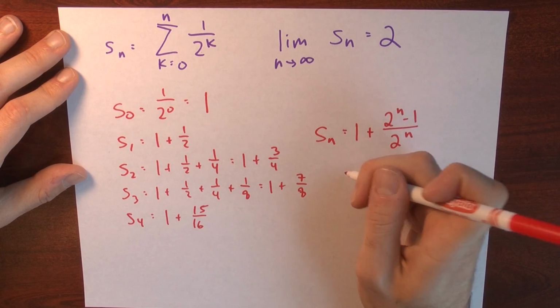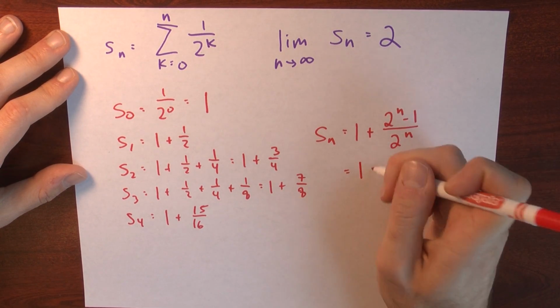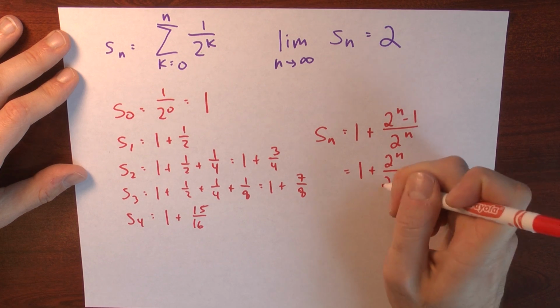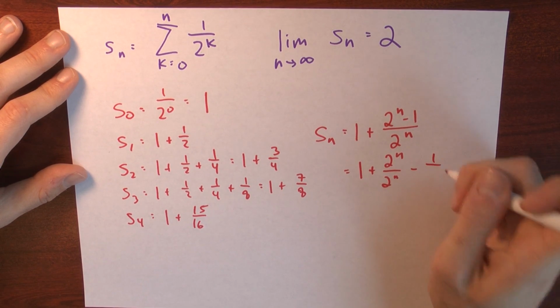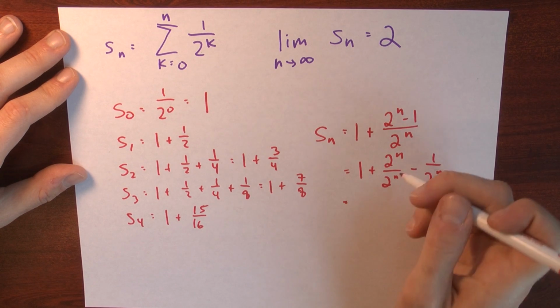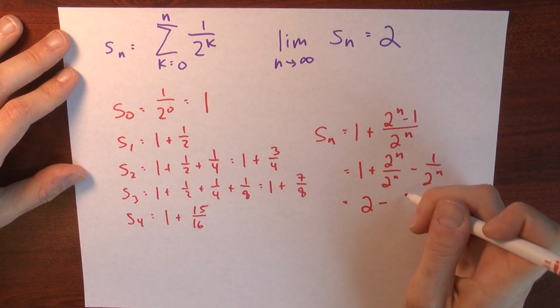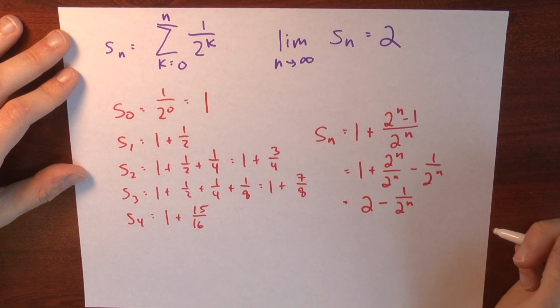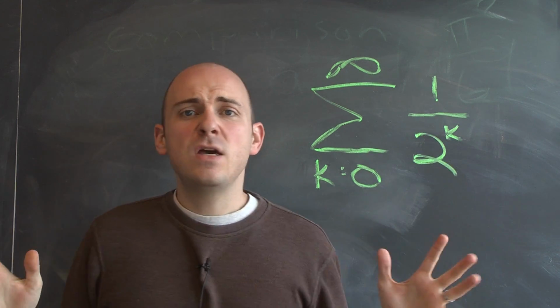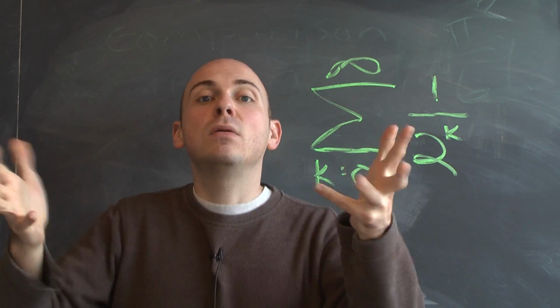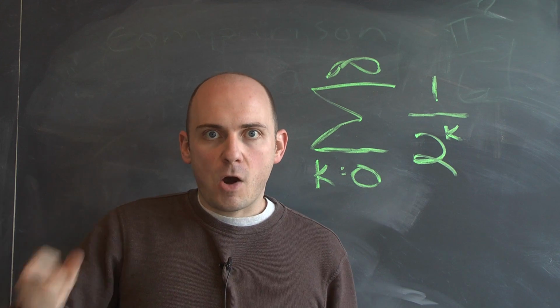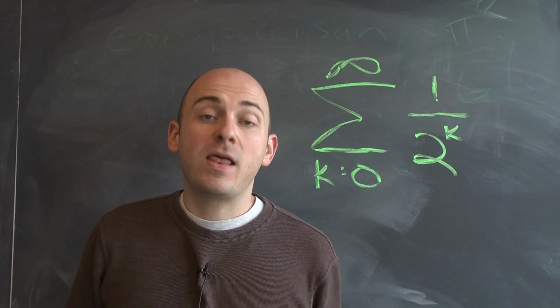And then I could simplify that a little bit. I could split that up as 1 plus 2 to the n over 2 to the n minus 1 over 2 to the n. And I could write that as 2 minus 1 over 2 to the n. I haven't proved that, but hopefully that formula seems believable. In any case, armed with that formula, we can evaluate the limit.